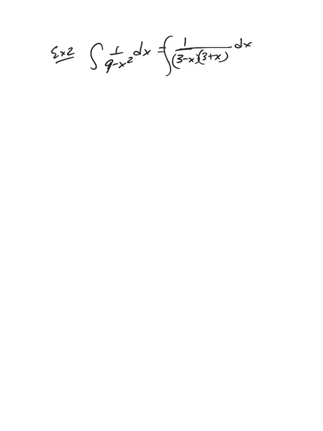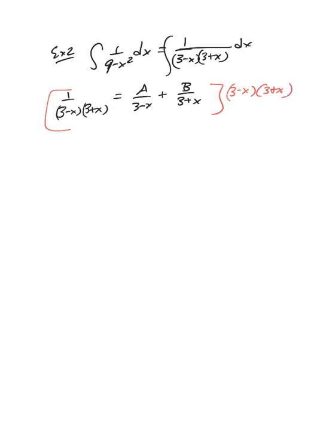So now I'm going to do my partial fraction decomposition. Okay, so multiply the entire thing through by 9 - x². So we end up getting 1 = A(3 + x) + B(3 - x).